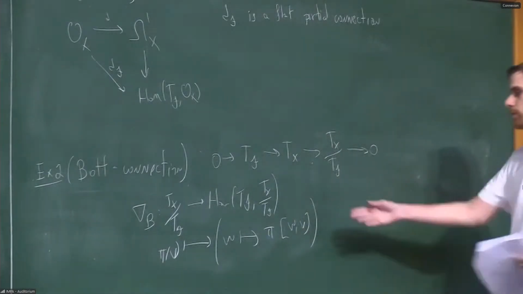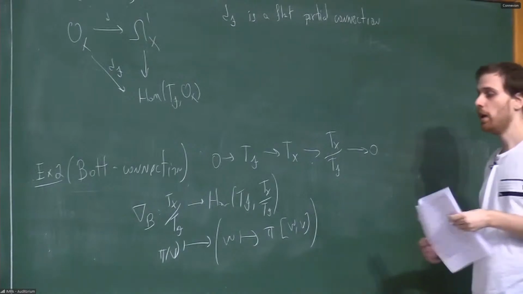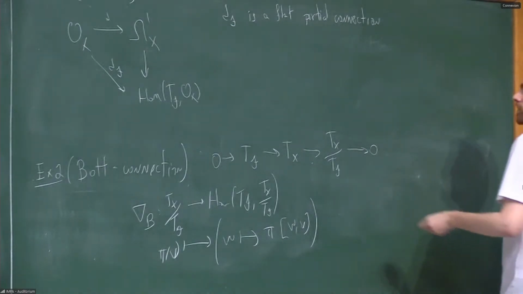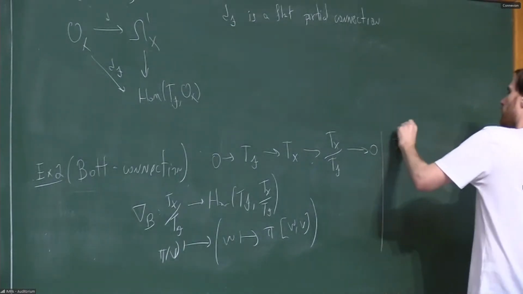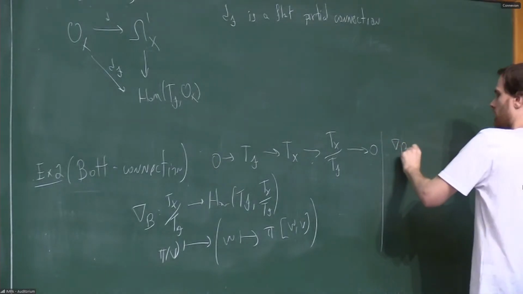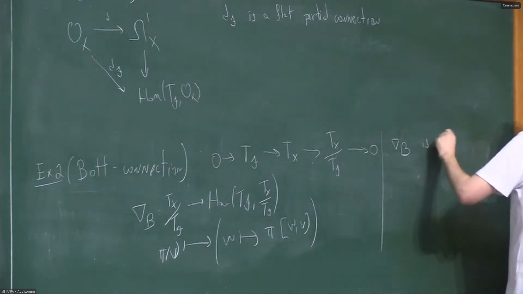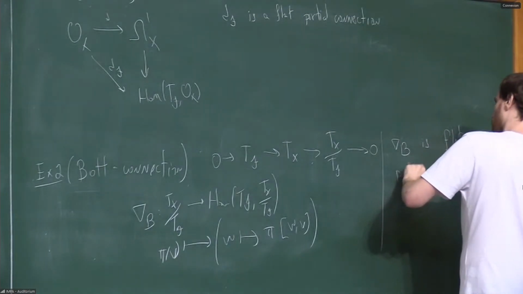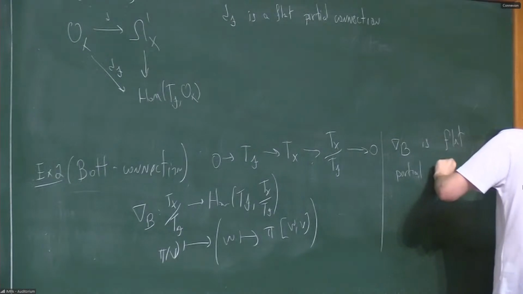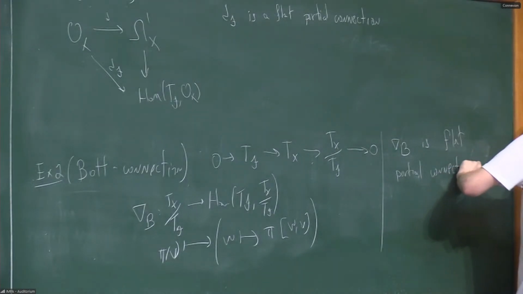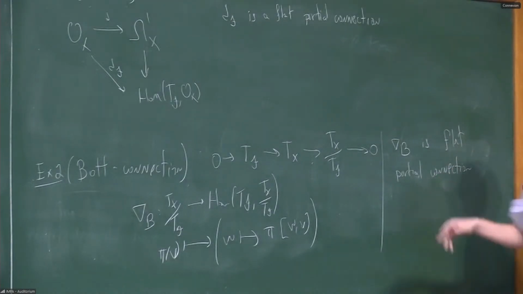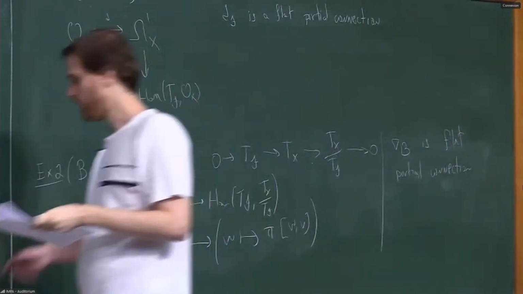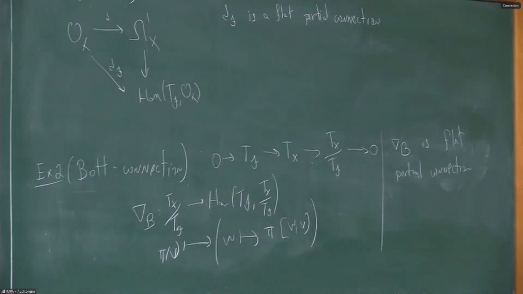One can verify that it is well defined, and nabla Bott is a flat partial connection. So these are two natural examples of flat partial connections.